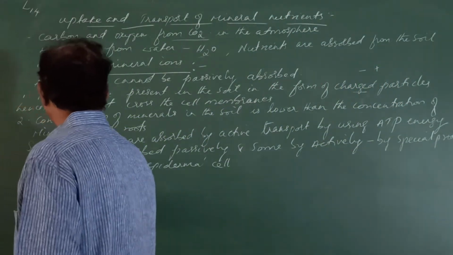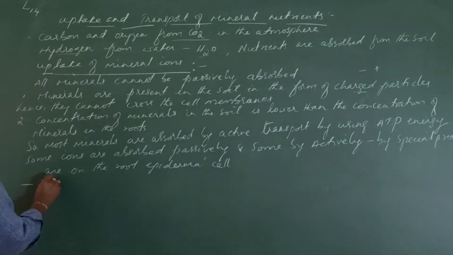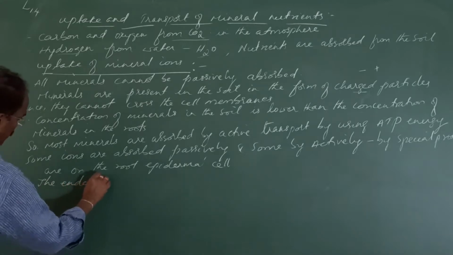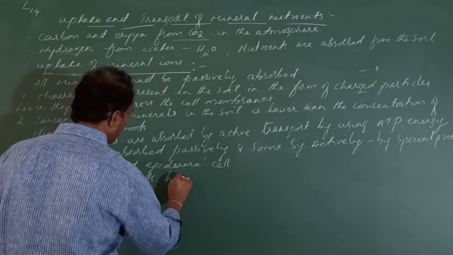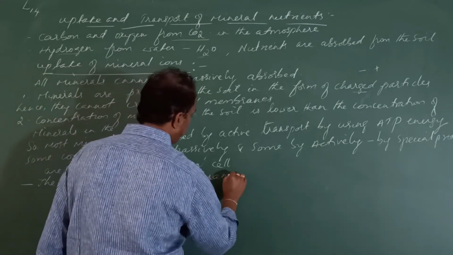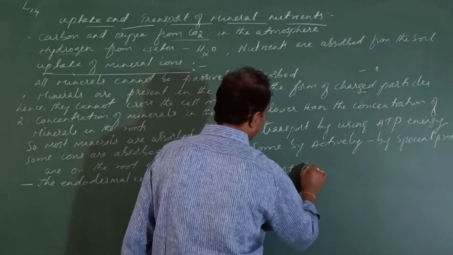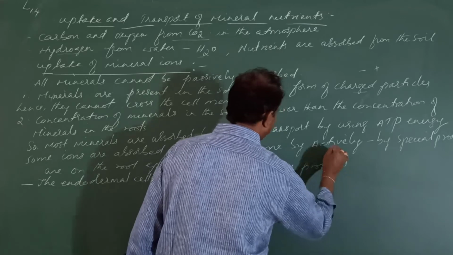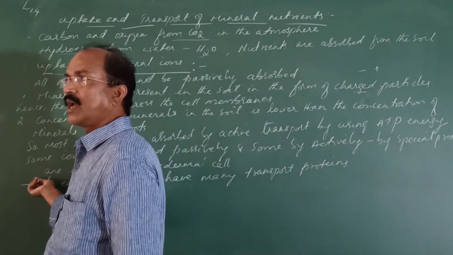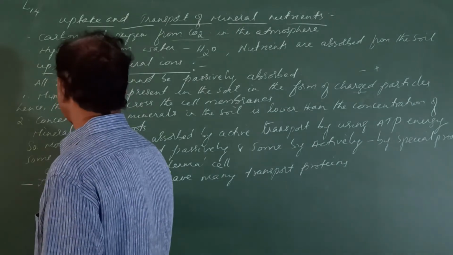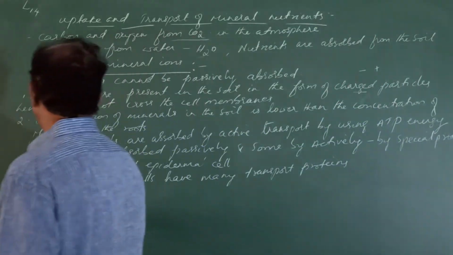Now the endodermal cells have many transport proteins. Like the plasma membrane consists of these proteins, the endodermal cells also consist of transport proteins. The transport proteins of the endodermal cells are control points.